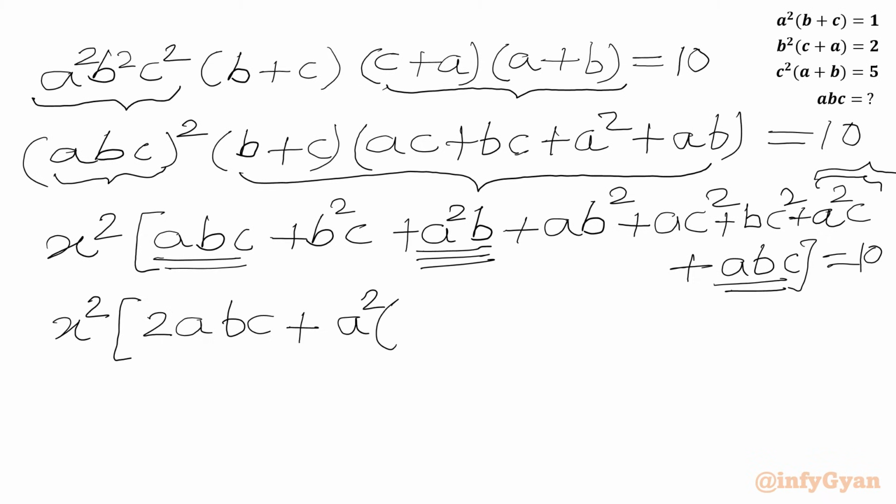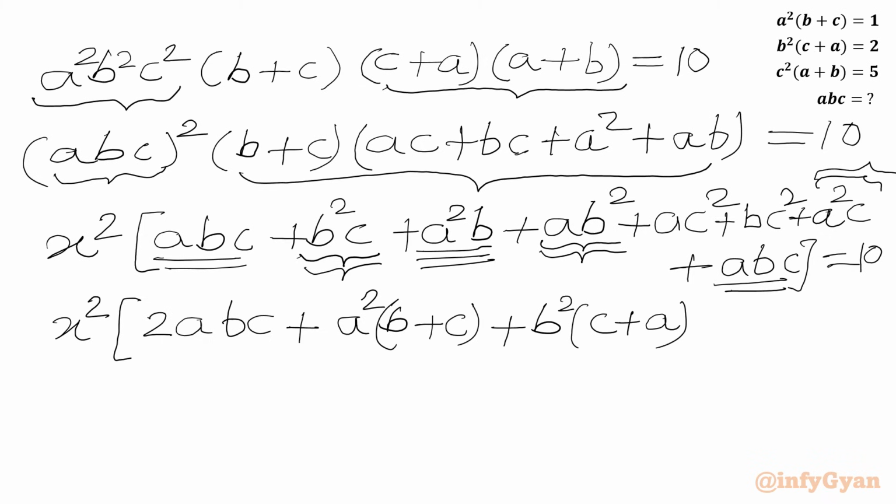So in the bracket we can write (b plus c), plus from the ab square term and from the term b square c, we will take b square common out. So in the bracket we can write (c plus a). Then we have the ac square and bc square terms. From there we will take c square common. In the bracket we can write (a plus b). RHS is 10.